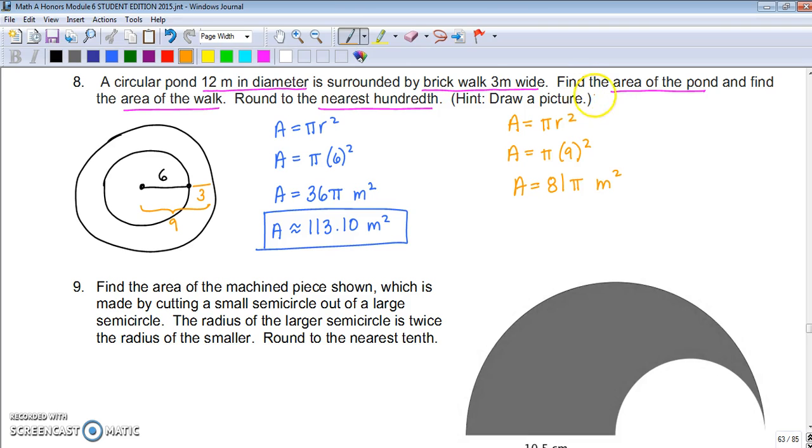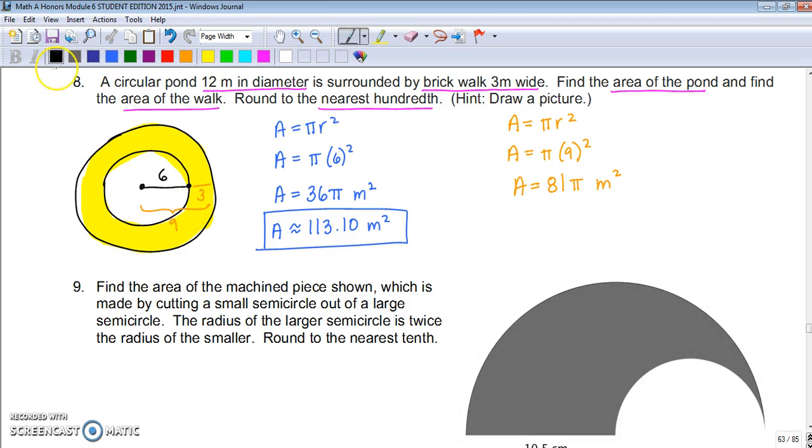And then it says we want to find the walk. The walk would be sort of like this border. And so this inner circle, I need to remove from the largest circle to get this donut shape.